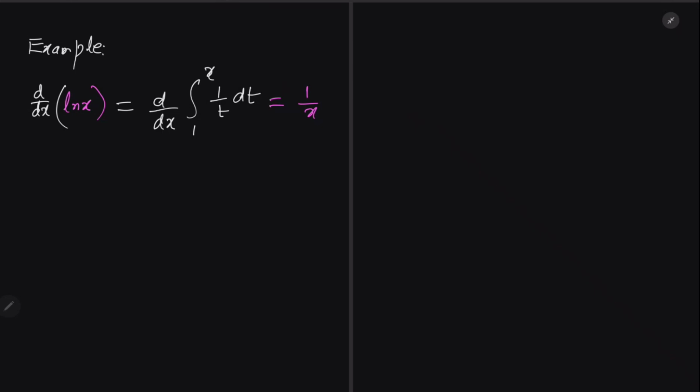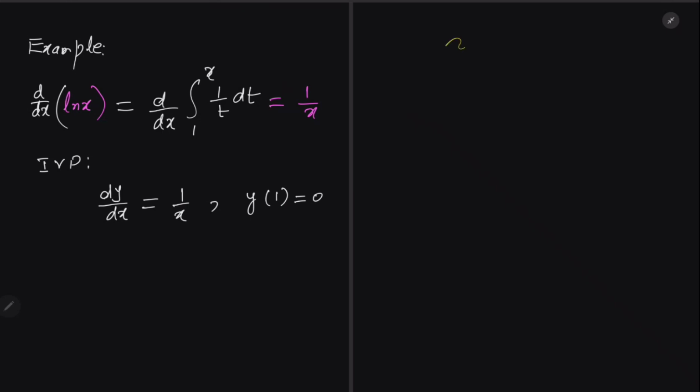If you want to apply the chain rule, then you can also do that. From this, we can also construct an initial value problem. For example, the initial value problem is dy by dx is equal to 1 over x, y of 1 is equal to 0. That's how you can create an initial value problem.